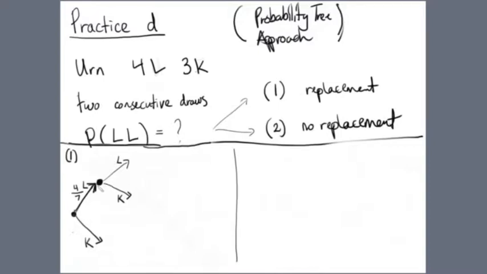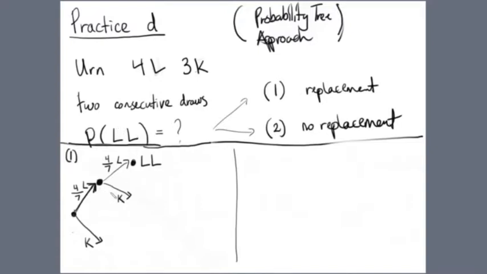So we've drawn a purple, and now on our second draw, what's the chance of drawing a purple? There's still 4 purples, and there's still 7 marbles because we replaced the purple that we drew on the first draw. So the probability of drawing a purple on the second draw, given that we drew a purple on the first draw, is 4/7. And that's going to land us at the event, drew a purple on the first, purple on the second, which is the event we're interested in.